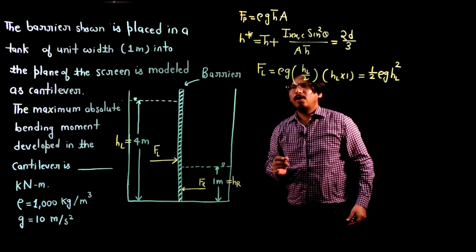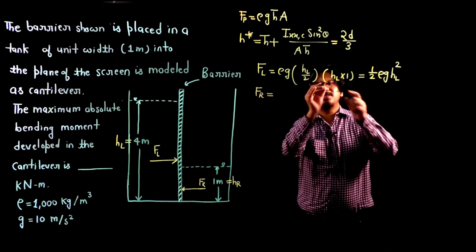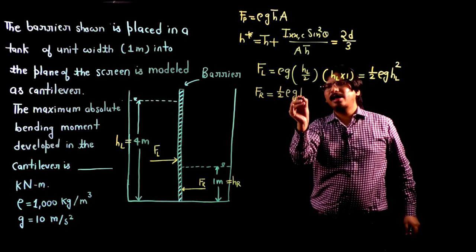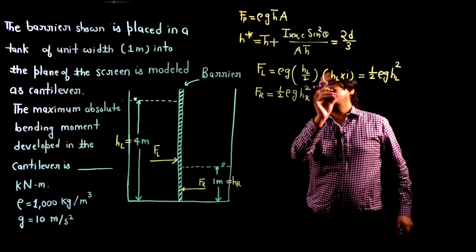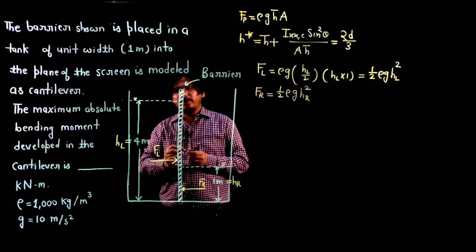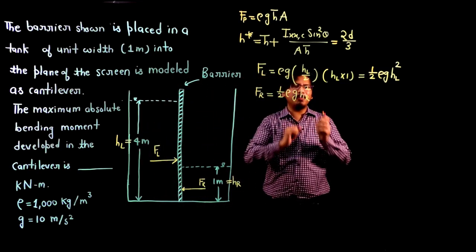So similarly, Fr will be equal to half rho g Hr square. So these are the magnitudes of the point loads acting on this barrier which is modeled as a cantilever. So one part of the problem is done.